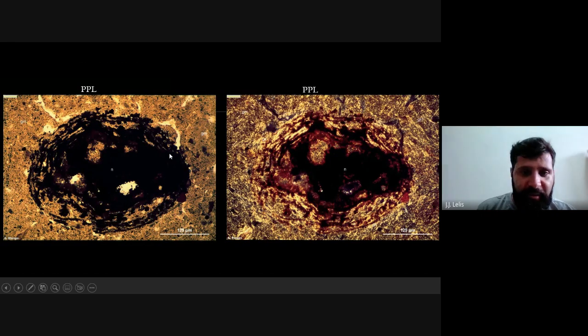And we can see this feature, this nodule, again, where we can easily see the variation of chemical composition in comparison with the background, with the fabric of this horizon.